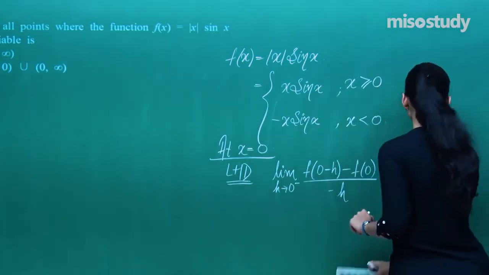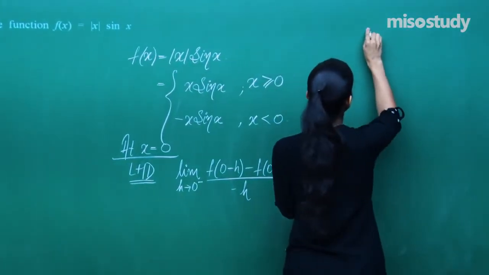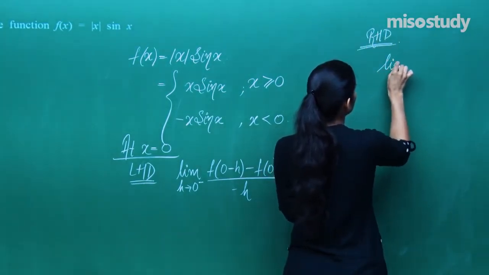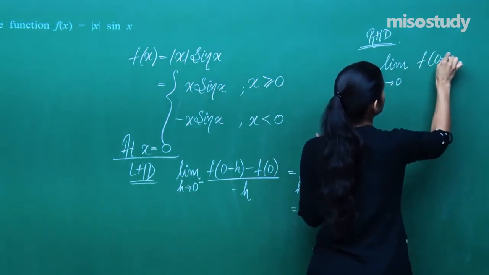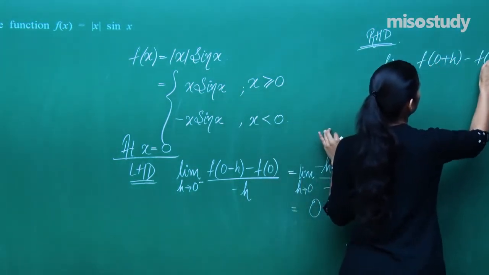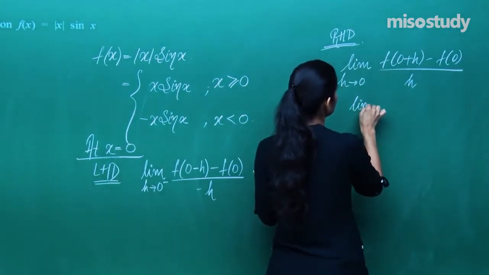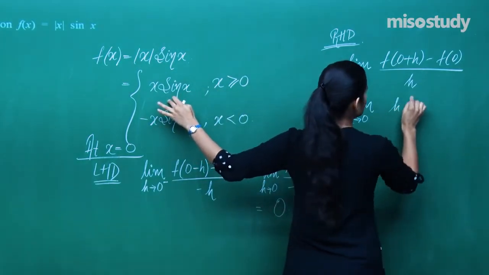Talking about the right hand derivative, what does that turn out to be? Let's see. Limit h tends to 0, f of 0 plus h minus f of 0 whole upon h. F of 0 plus h is h sine h.